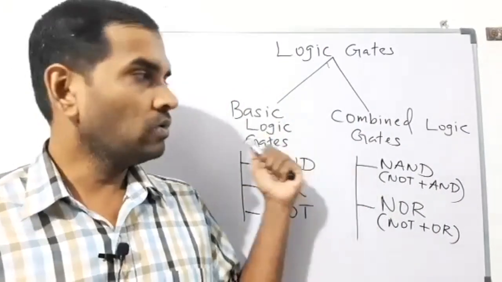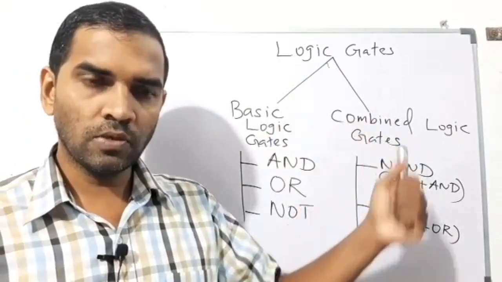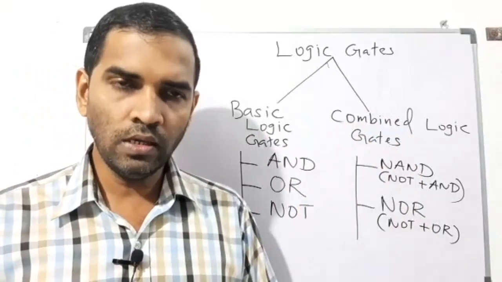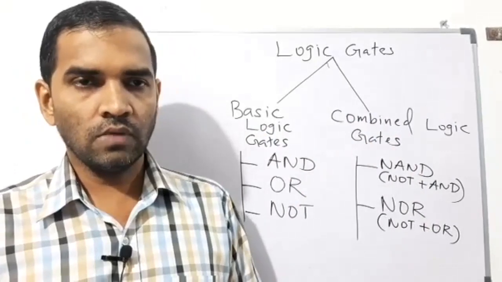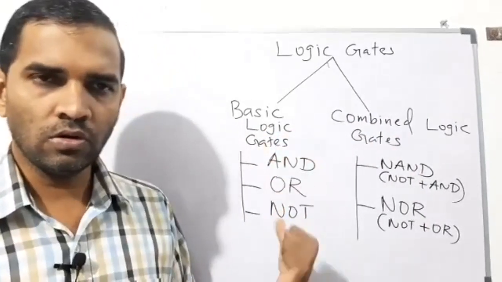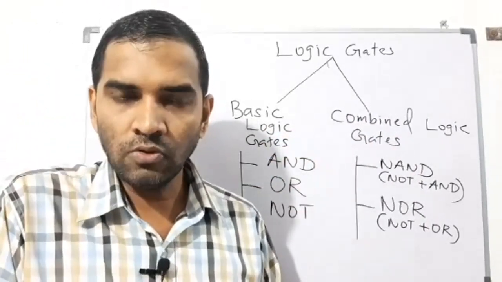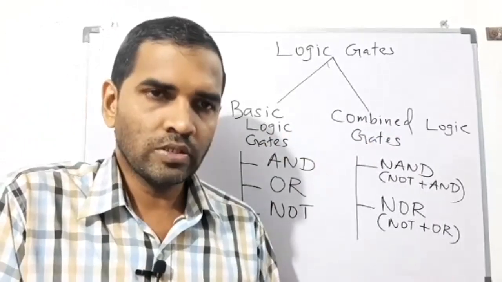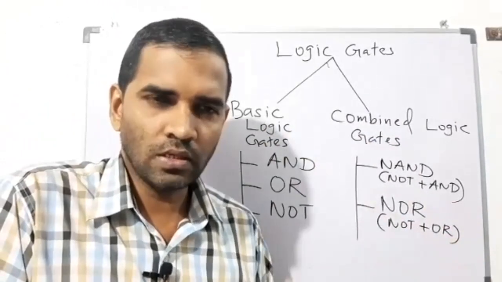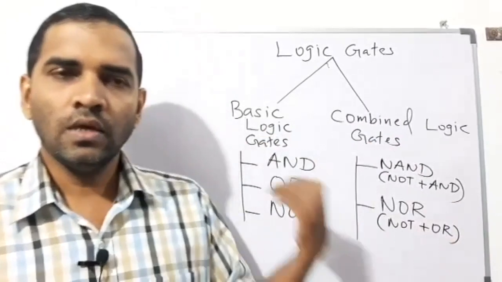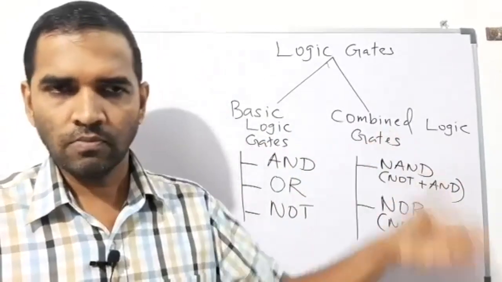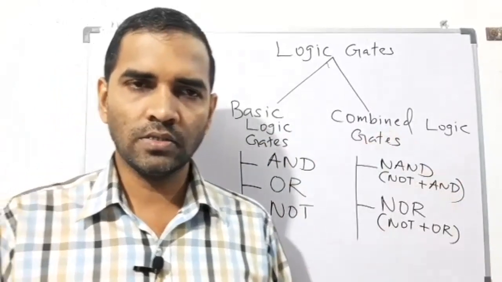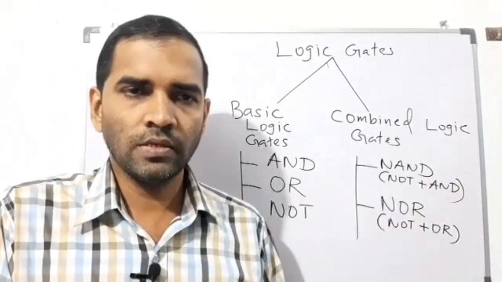But I wanted to show the other type also, because when you learn something newly, you should understand the basics, right? If I mention only AND, OR or NOT, you may get the wrong concept. You may think that you have only three gates. Now you realize there are many gates available. Some of them are categorized as basic, and the rest are categorized as combined. You also know the reason.